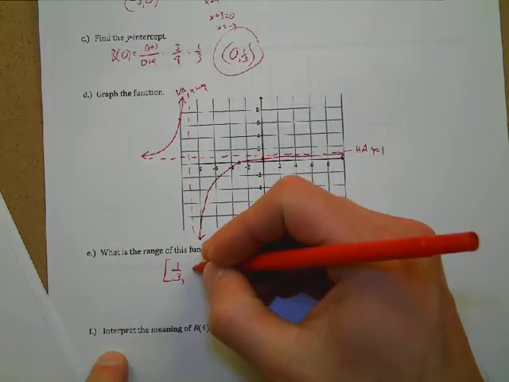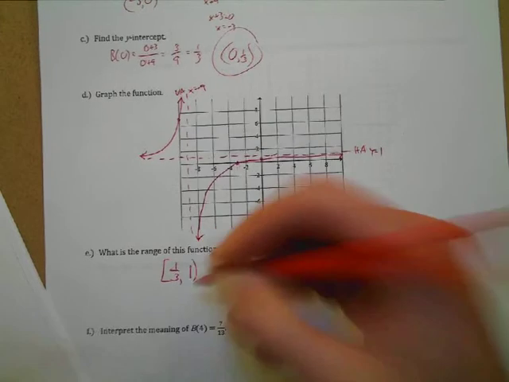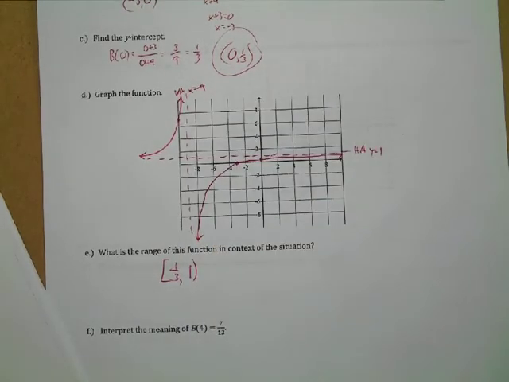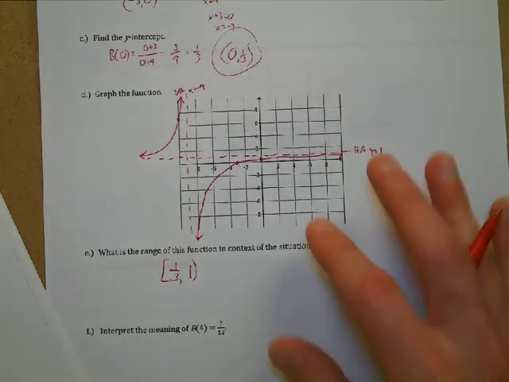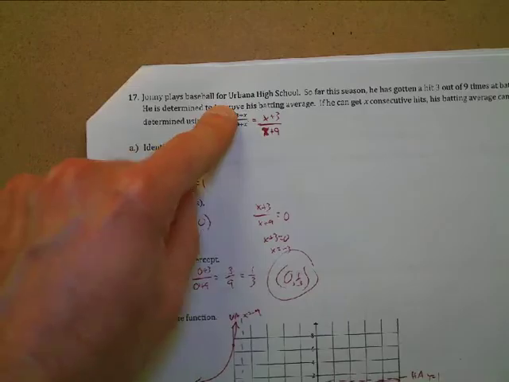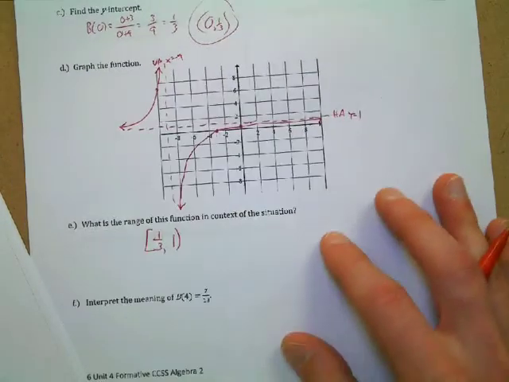What's the highest batting average you can get? 1, right? 0.99, right, exactly. We're not going to actually get to 1. We can't get to 1, so it'll be as close as we possibly can get. So we'll put a 1 there in parentheses. It's impossible to get to a perfect batting average because this person already has 3 hits out of 9 times at bat. So it's going to be impossible for them to get perfect, but they can get really close to 1.